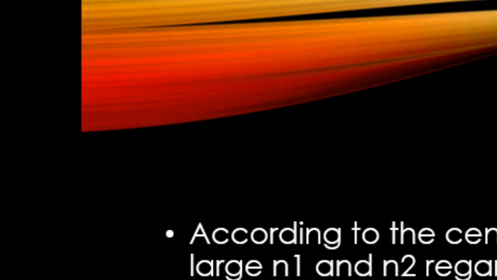Therefore, the confidence interval can be created like this: y1 bar minus y2 bar plus and minus z alpha by 2 times the standard error or the standard deviation, which is this value here.